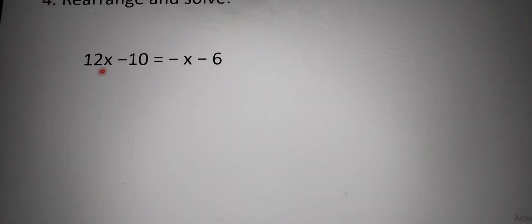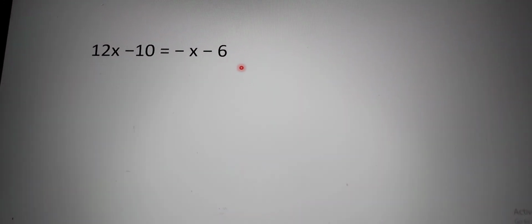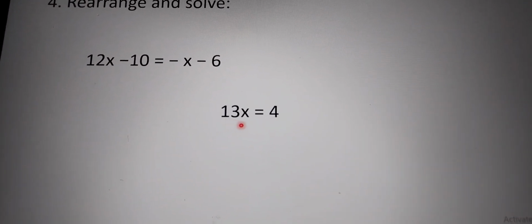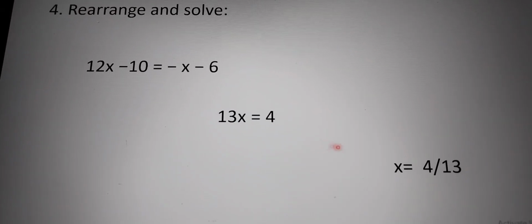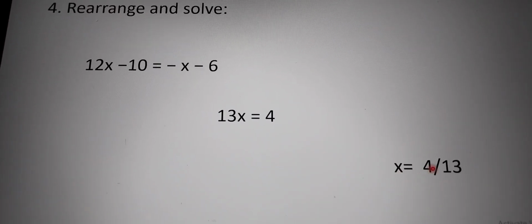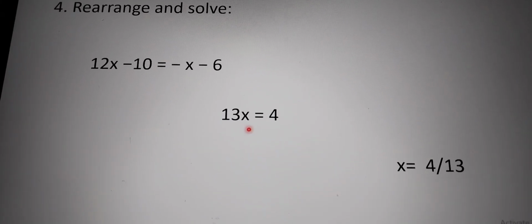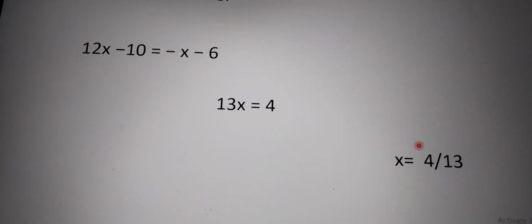If you don't trust it, just calculate it and write in the comments if it works for you, or if you don't understand it too. So when we simplify this more, it will be 13x is equal to 4. To leave the x, I'm going to have to divide it by 13. To divide it by 13, x is equal to 4 over 13.